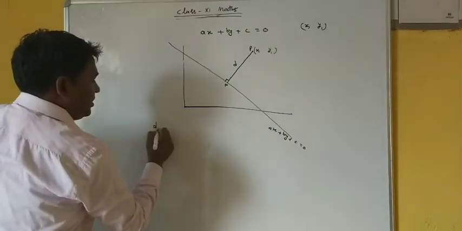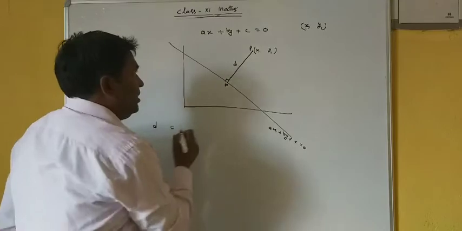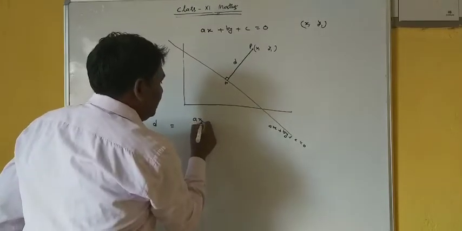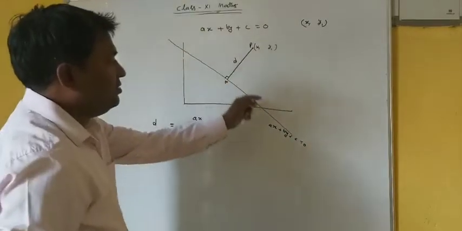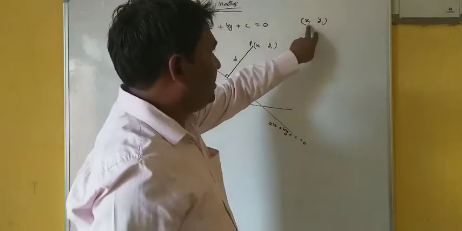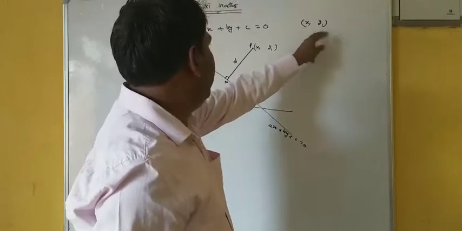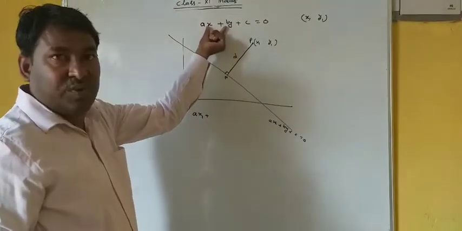This perpendicular distance can be calculated by putting the coordinates of the given point (x1, y1) at the place of x and y.